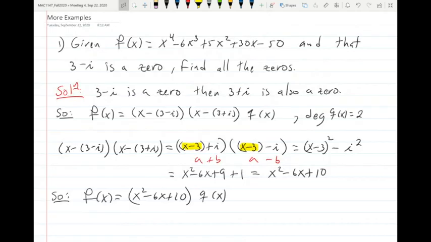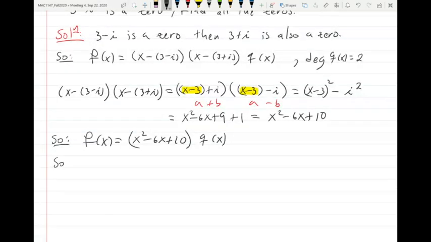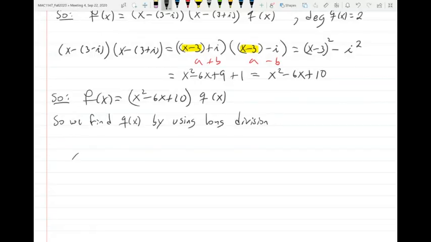Okay? So now we find q by using long division. All right, so let's go ahead and, without further ado, do that.